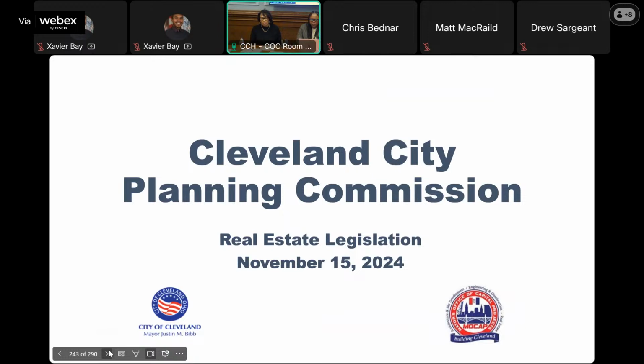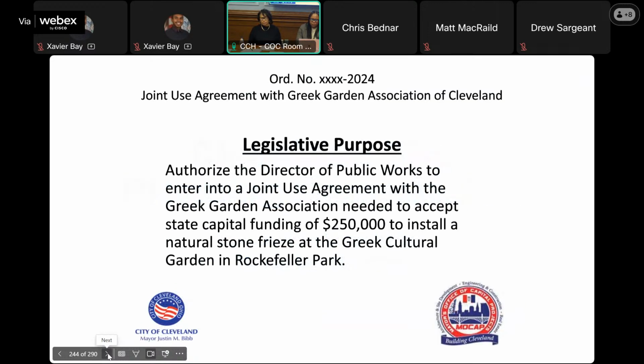Just a little history, the Greek Cultural Garden was established in 1939 with the intention of installing this frieze at the time. But due to shortages of material because of the war, the frieze was never installed. Jim can probably fill you in a little bit more on those details.